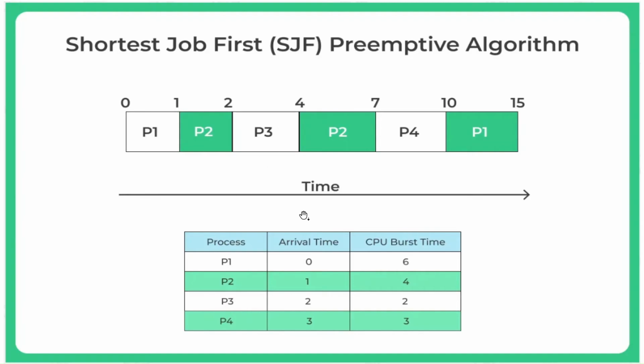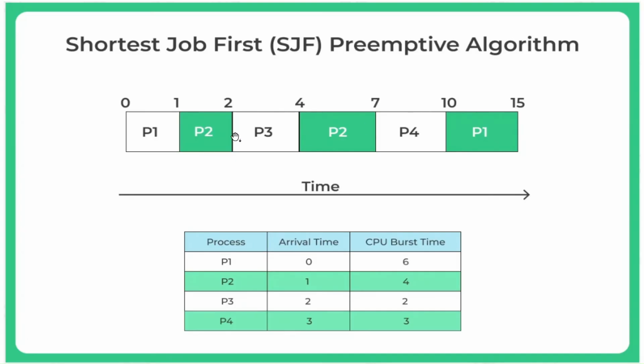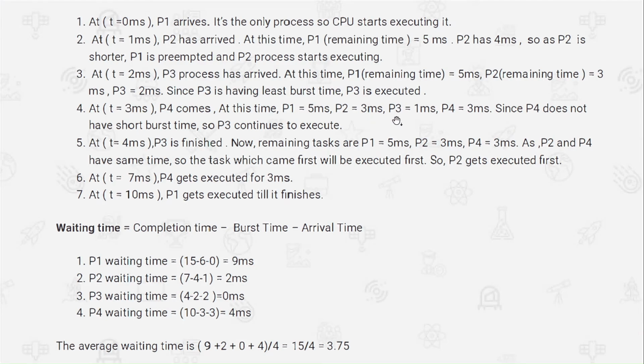So after 3 milliseconds, we have the P4 process in the priority queue. Now we need to check. So at this time, P1 has 5 milliseconds, P2 has 3 milliseconds remaining, and P3 has 1 millisecond. So we all know 2 to 3 has completed. So we have 1 millisecond remaining for P3 and P4 has 3 milliseconds.